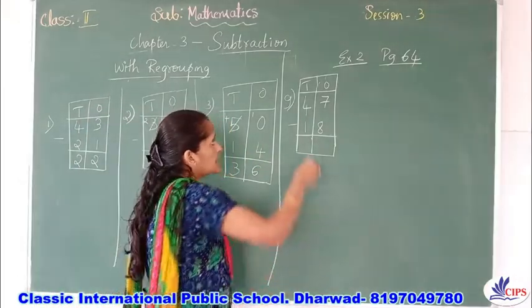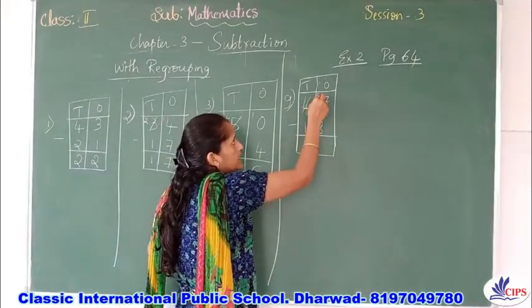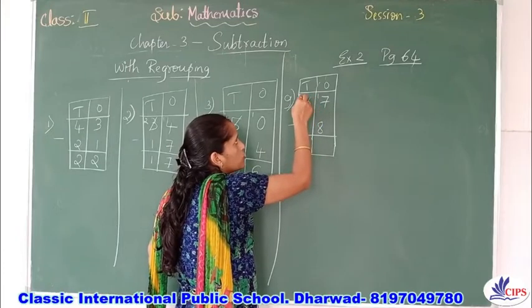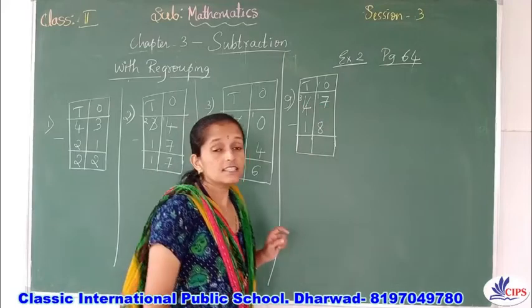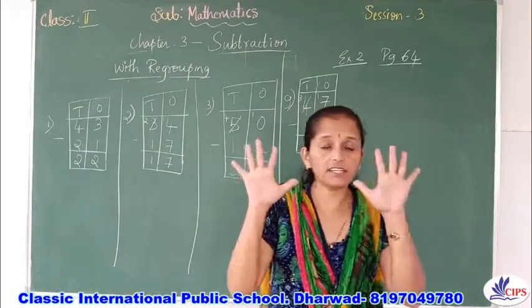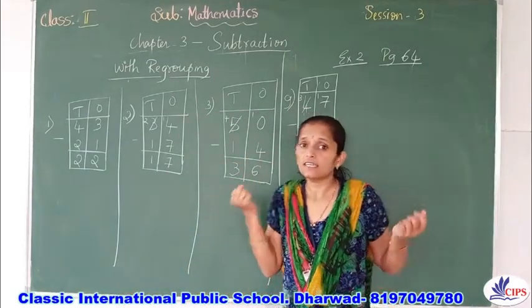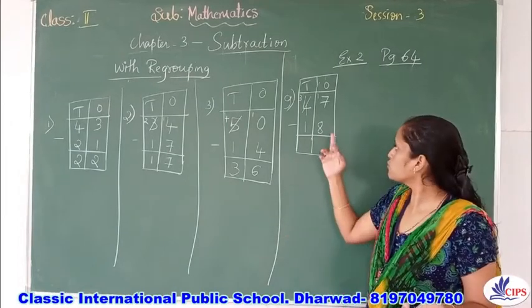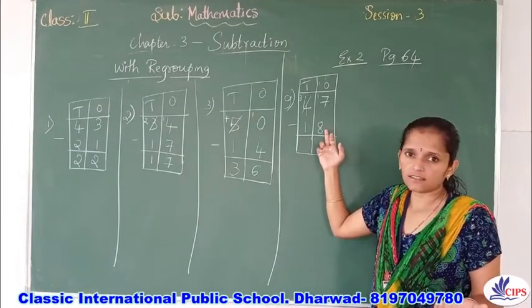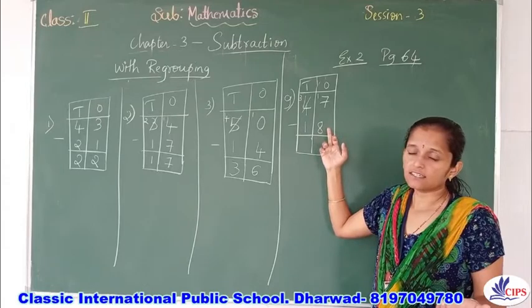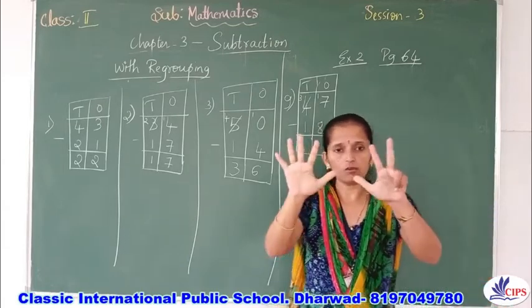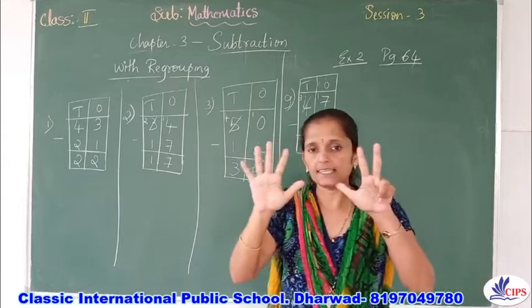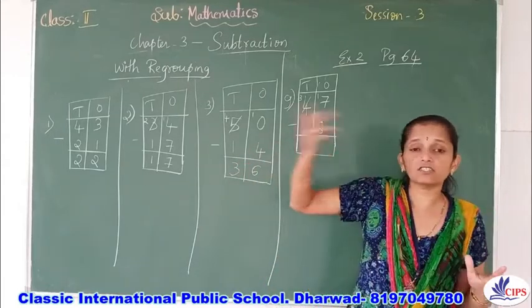That is, I am crossing out 4, taking 1 here. If I cross out 4, it becomes 3. Now it is 17. I don't have 17 fingers in my hands. That time what will I do? I will go to this number, it is 8. I will hold 8 and count in reverse order.